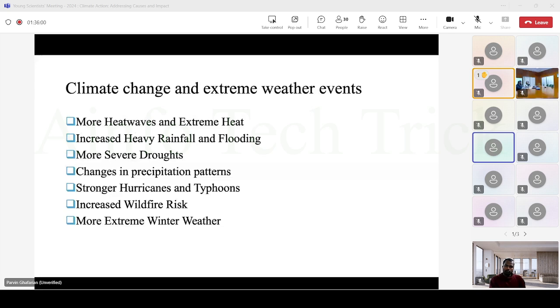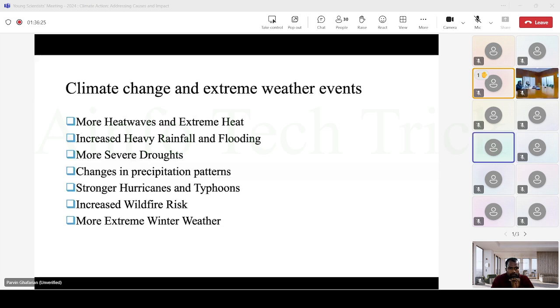And the change in precipitation pattern: climate change can shift rainfall patterns, making some regions drier and more susceptible to drought. And stronger hurricanes and typhoons. Warmer waters provide more energy for hurricanes and typhoons, leading to stronger storms with higher wind speeds and heavier rainfall.